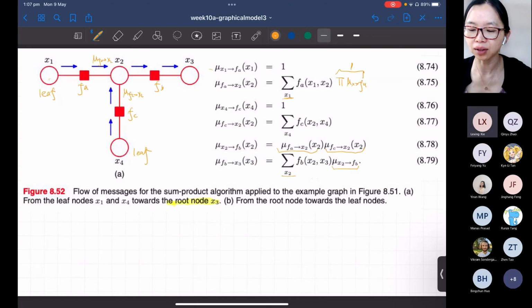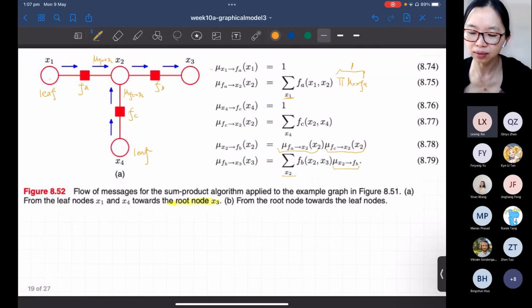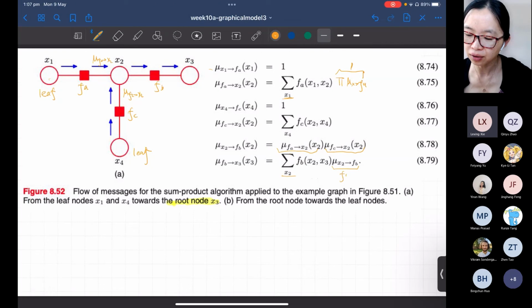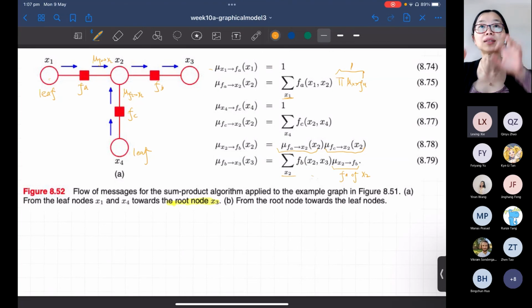And the end of this is, right, so note that this is a function of x2, multiplied by a function of x2 and x3, and then we essentially marginalize x2 out.